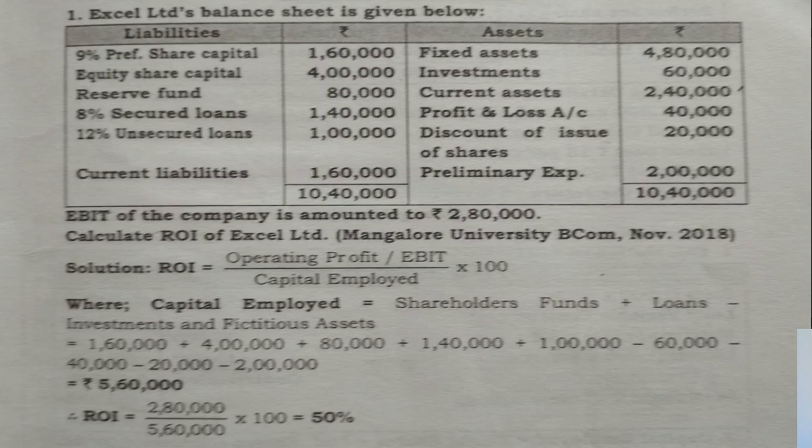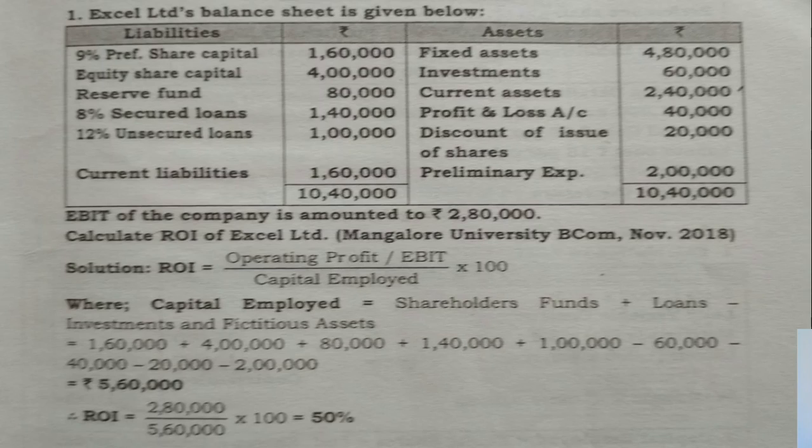So we have got 2,80,000 rupees in the form of EBIT directly in the question. So we are putting these numbers into the formula. Operating profit or EBIT 2,80,000 divided by capital employed C, which we got as 5,60,000, multiplied by 100.